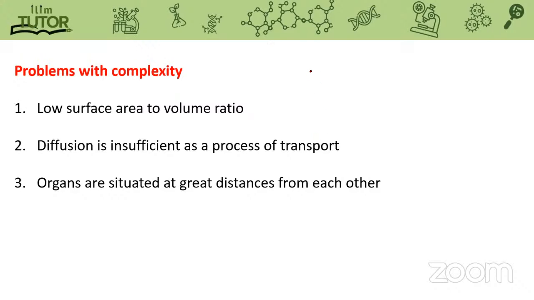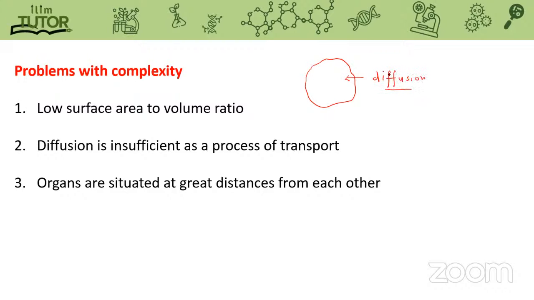When we look at unicellular organisms like the amoeba, for instance, these organisms are actually able to exchange materials between themselves and their environment by using simple diffusion.